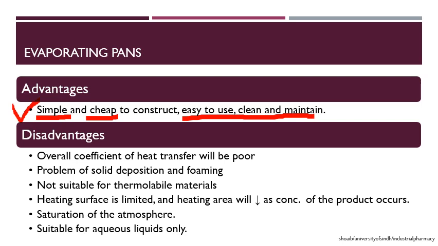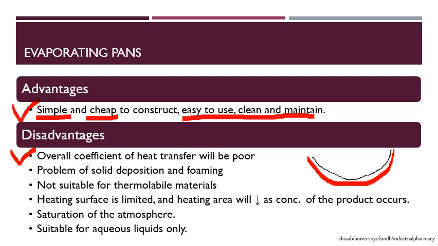Number one disadvantage is that the overall coefficient of heat transfer will be poor. As there is a small surface, here is a rough example of the evaporating pan. As you see, there will be less contact of the liquid with the surface of the pan.